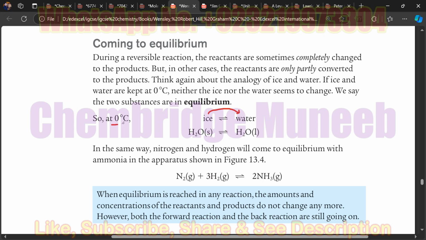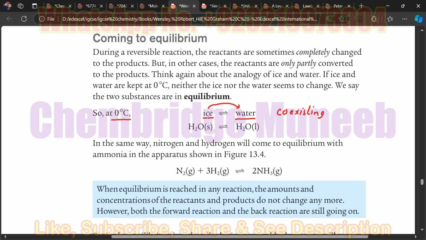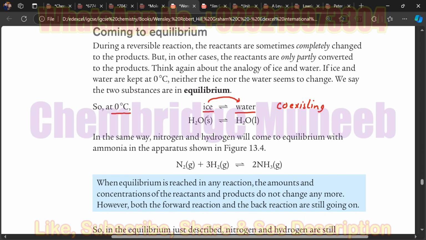In our observation, we will see that 0 degree centigrade is considered as that temperature in which both the ice and the water states are coexisting with each other. They coexist, which means they both are occurring at this temperature. So this stage of the reaction, in which the ice is being converted into the water and the water is being converted back into the ice, is considered as the equilibrium stage.